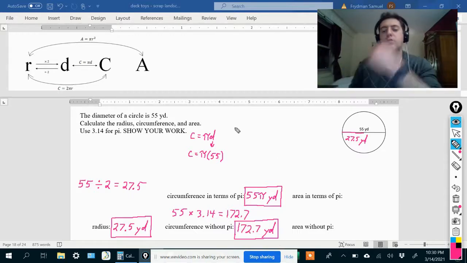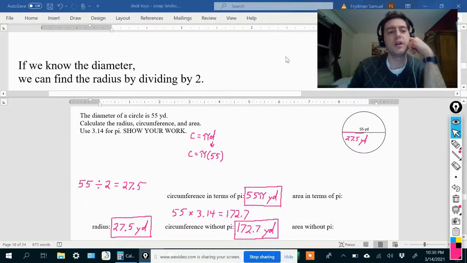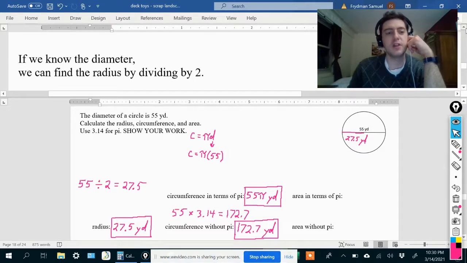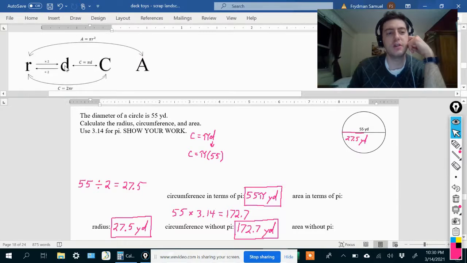All right, so, you know what I've been forgetting to do? Let's just review. If we know the diameter, we can find the radius by dividing by 2. That's what we saw in the little picture going from diameter to radius following this arrow.